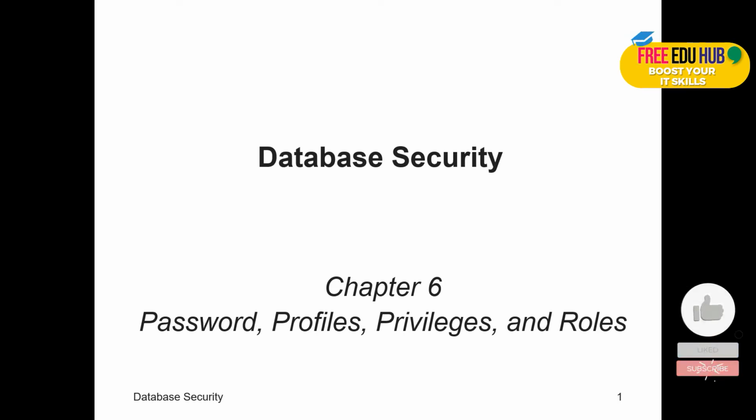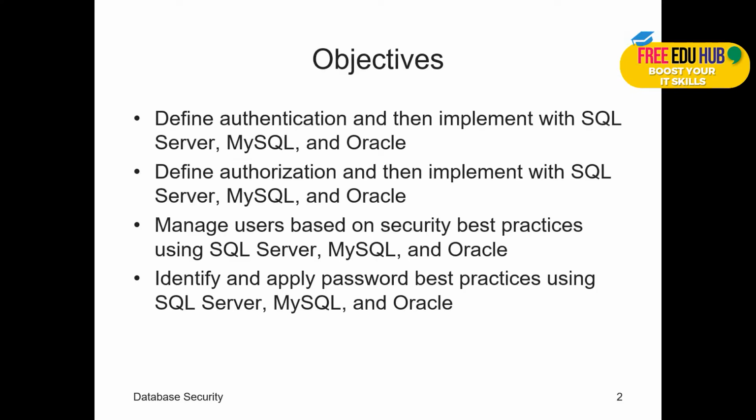Database integrity and security. In this course we are covering database security, chapter number 6: password profiles, privileges, and roles. This chapter covers all three databases we have covered so far: MySQL, Microsoft SQL Server, and Oracle.